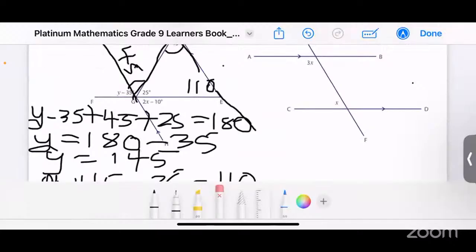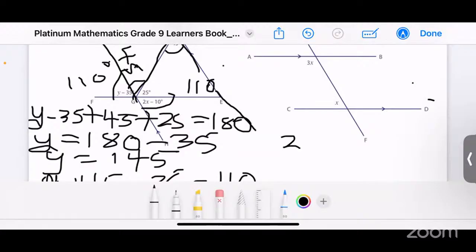This big angle becomes 110. And it's vertically opposite to angle what? 2x, ne? It's vertically opposite to angle 2x minus 10.